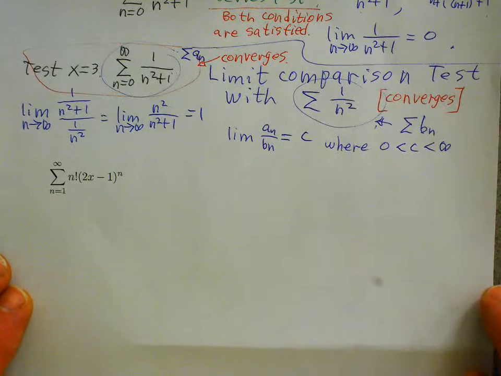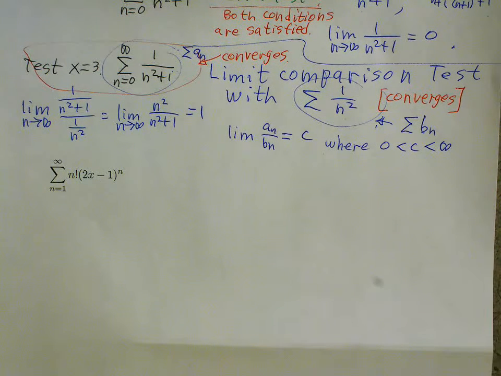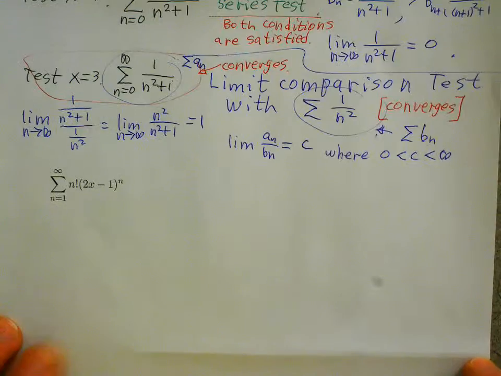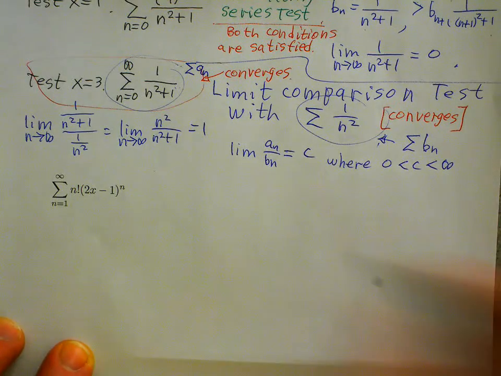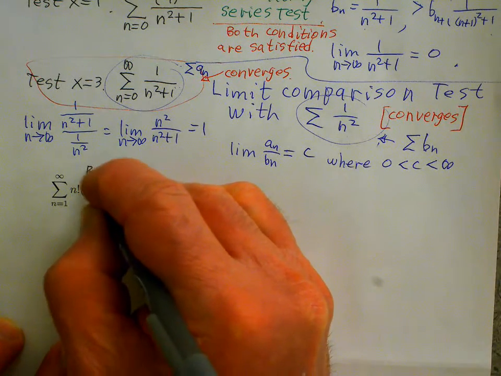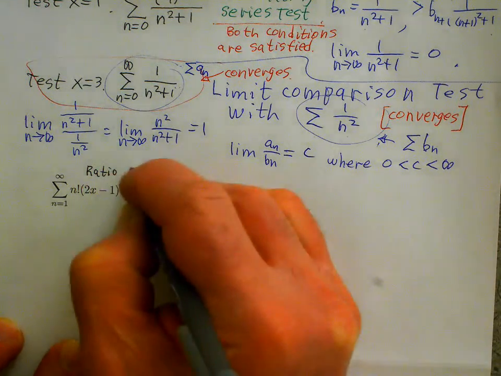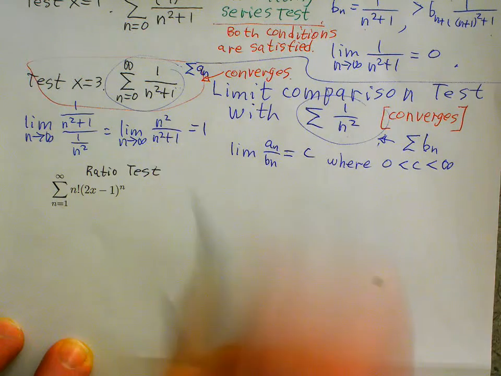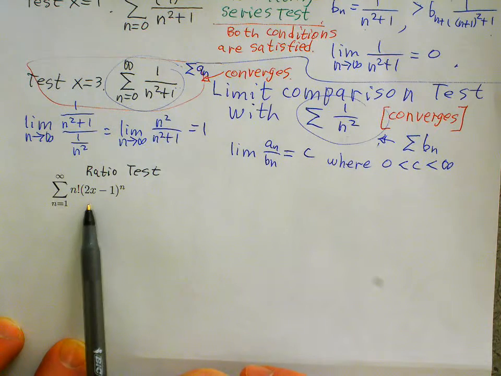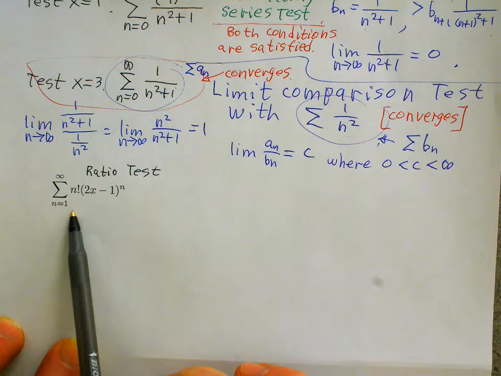The infinite series, the terms are n factorial times the binomial 2x minus 1 to the power n, as n ranges from 1 to infinity. So let's use the ratio test. We want to find all values of x for which this series converges.